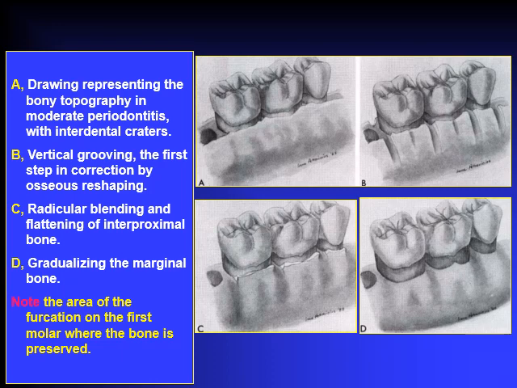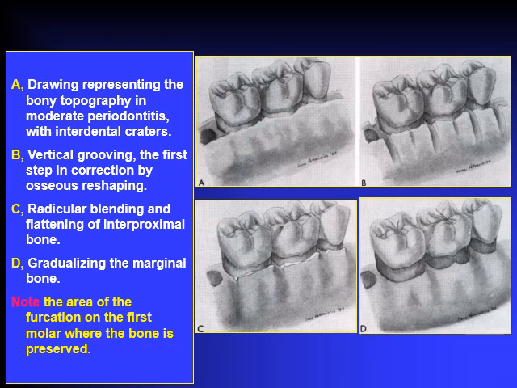This is again the original lesion, a shallow crater and heavy bone ledge or thickening or buttressing conformation. In B, we did vertical grooving in the interradicular bone. Then in C, we make what?